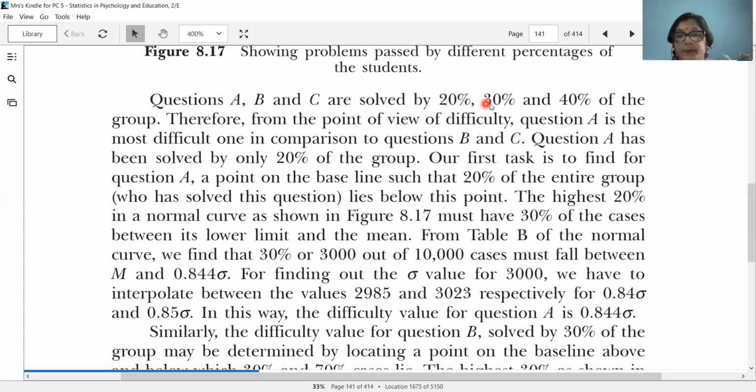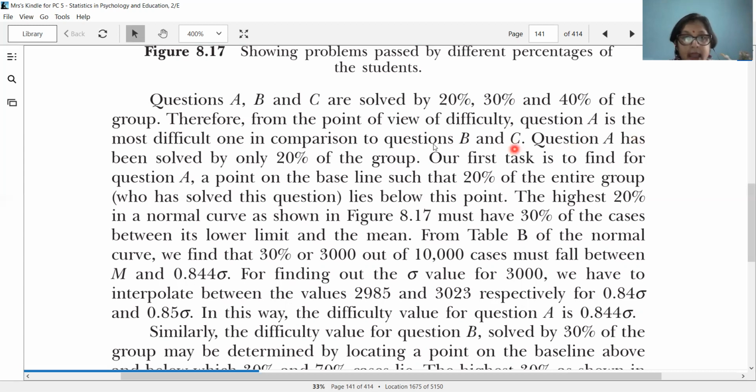When we see that problem B is solved by 30% and problem C is solved by 40%, we can clearly understand here that problem A is more difficult than problems B and C. Okay, now we need to find out the difficulty value as well as the relative difficulty value.